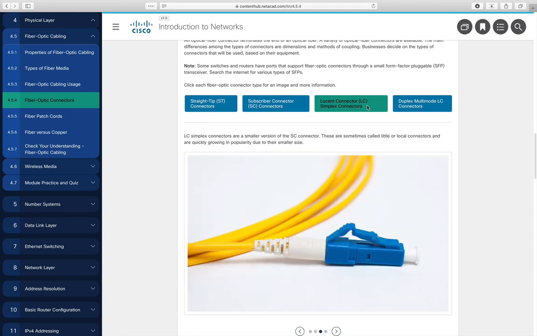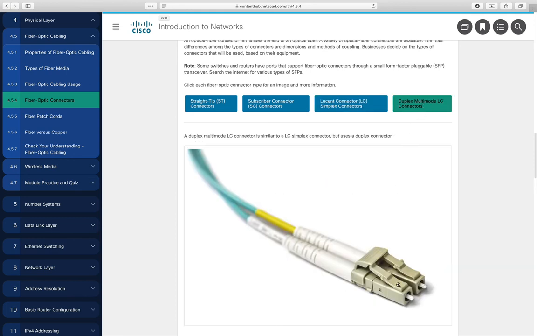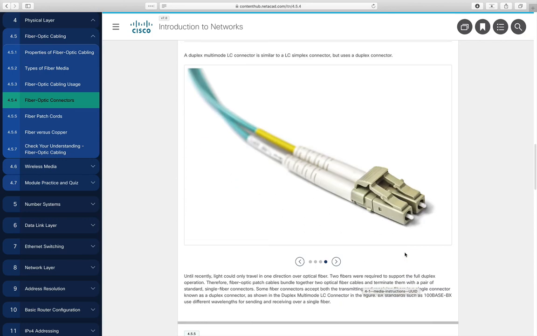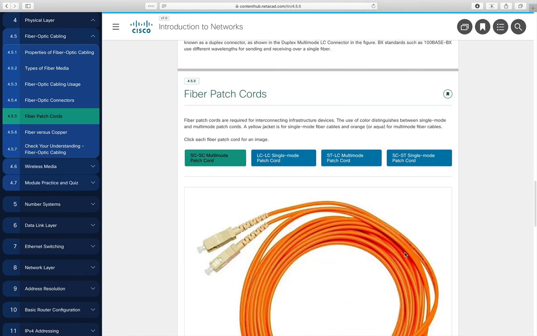We have LC simplex connectors, very similar. They have this clip on there to clip it into place and to eject it. And then we have what's called duplex LC, which is where we have two of the LC connectors together. And the nice thing about this is, if you get them in the right connector, when you plug them in, they're going to be connected correctly for transmit and receive, which is why we have two fiber optic cables.